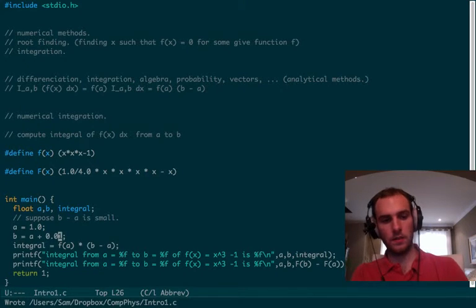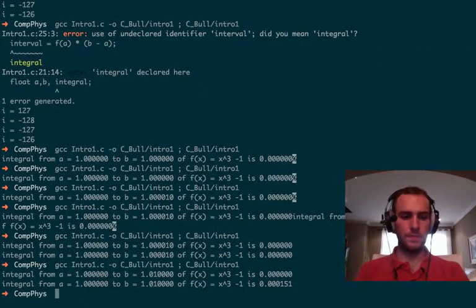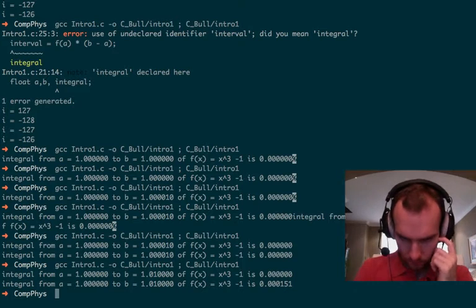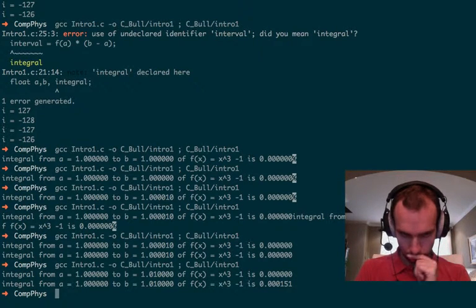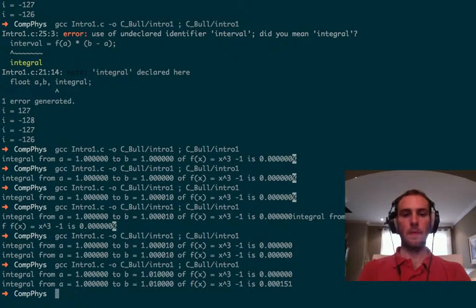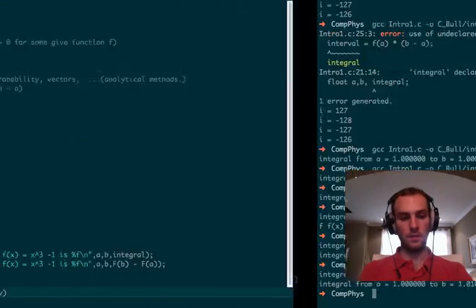So let's come back on our assumption. So now we see the real answer and the answer we get by assuming that the function is constant.